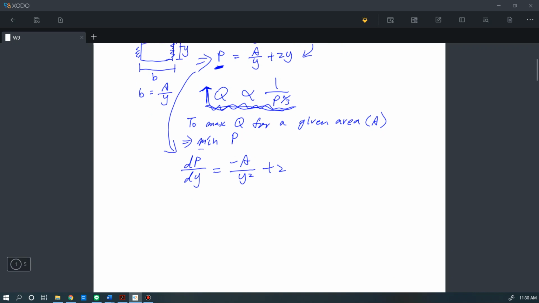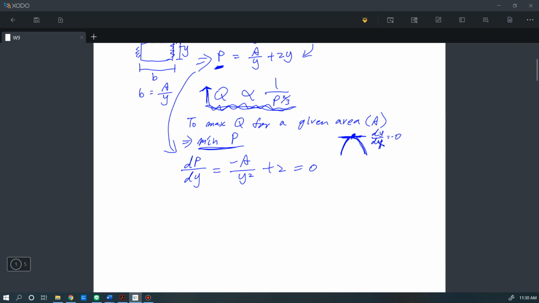And because we want to minimize this, we know this equation should be equal to 0, because if we have a curve like this and you want to find the minimum point here, it should have a derivative of 0, because the slope here should be 0.